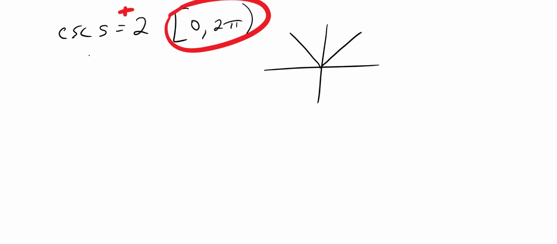So we need to remember, we talked about how to come up with a reference angle. I need to rewrite this as sine of S equals 1/2. Take the reciprocal of that ratio. And now this is like the last problem. Okay, we just did this one. So S prime was equal to pi over 3. Sine of 60 is 1/2. Or sorry, sine of 30 is 1/2.